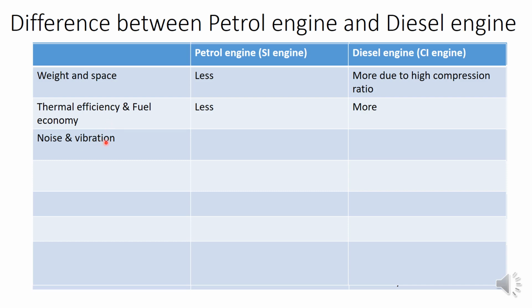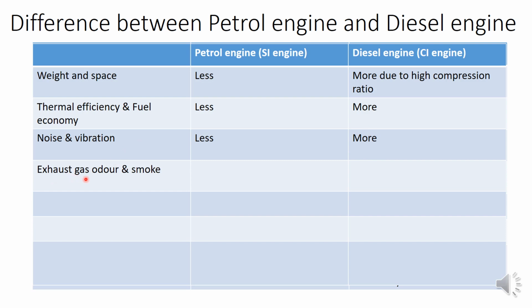And noise and vibration, which one will have more noise and vibration? Obviously we know that is the diesel engine. That is also due to this high compression ratio and high pressure. Sound and vibration of this diesel engine will be more.